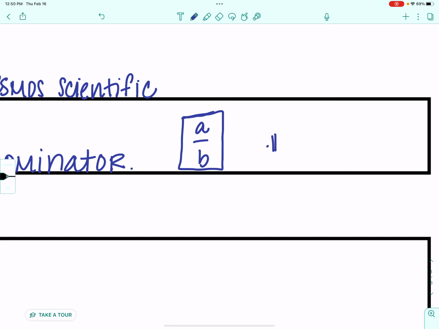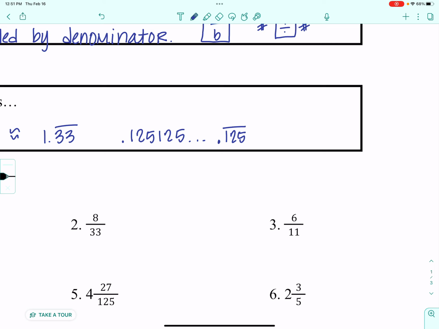If your decimal comes out to be 125, 125, and that keeps repeating, you can write that as 0.125 with the bar over the repeating part. If for some reason you get a 4 and then the repeating part happens after that, you only need to put the bar over the part that repeats.